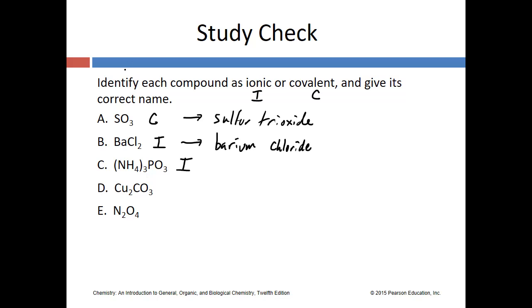So where we have to look is at the list, and see, okay, do I see a cluster that is NH4? Do I see a cluster that is PO3? The NH4 cluster is at the very bottom. And that's ammonium. PO3 is actually not on this list.